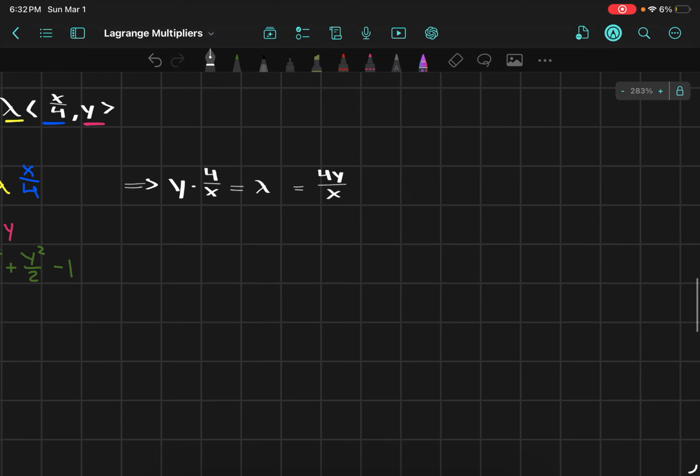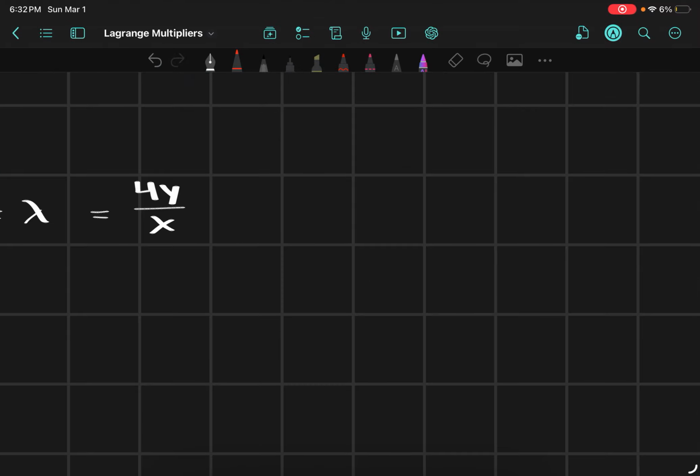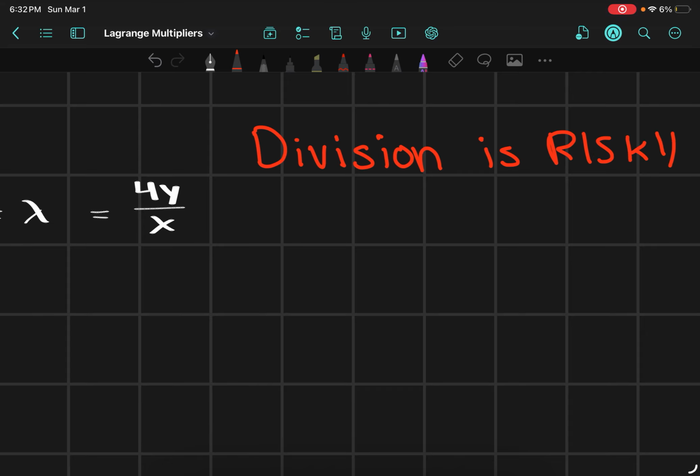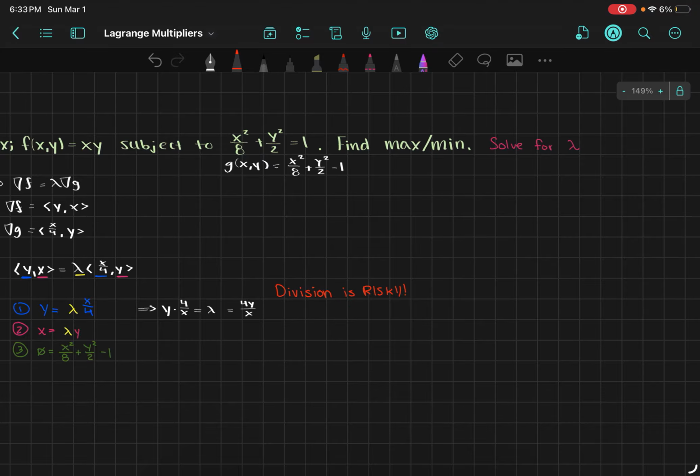So let's make a big red note of that: division is risky. That's why solving for lambda is oftentimes risky. It's simpler than doing cases, but it's certainly risky.